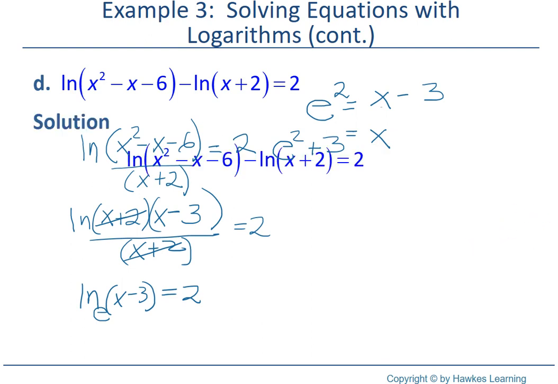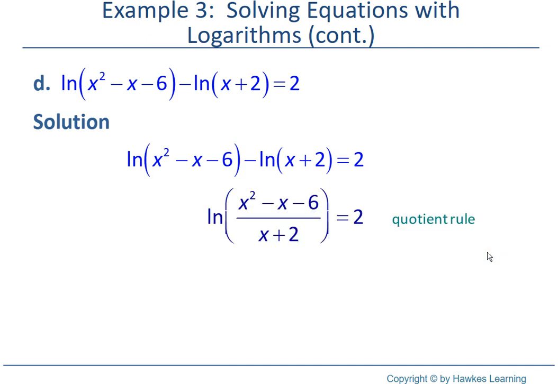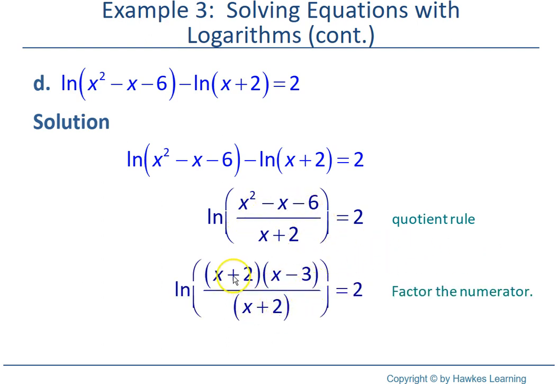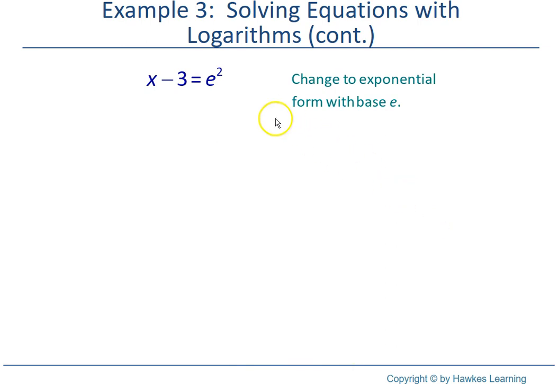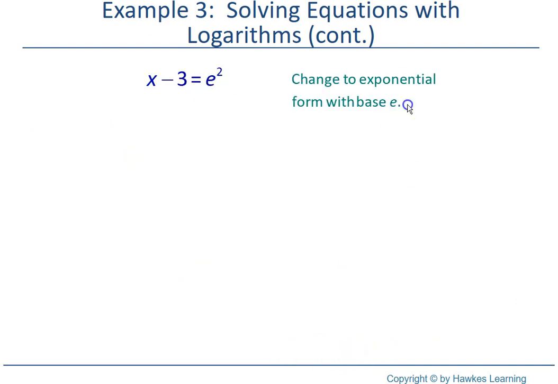Oh, I should erase this here. Okay. So this is what we've done. We're now going to factor this trinomial. Cancel out the common factors to simplify. We get this. Now we're going to convert, let's go back one here. This is base e to the second power equals this.